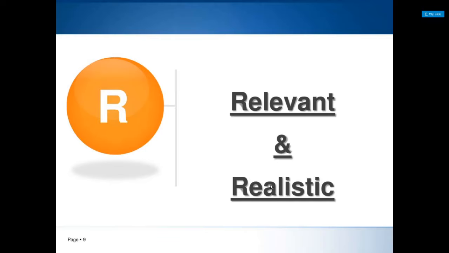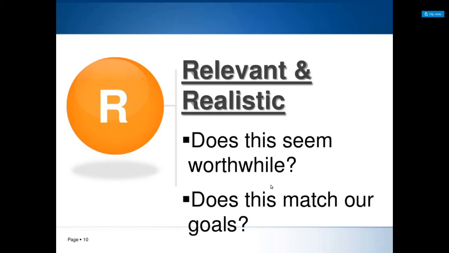So does it actually link to the project at all? If you're writing a Mario type game, is it really relevant that it adds two numbers together? I'm sure you can do that, but that's not really relevant to the project. Does it match your end goal? So this is where on your objectives, you can say, okay, I'm creating this objective because in my user interview it said this.